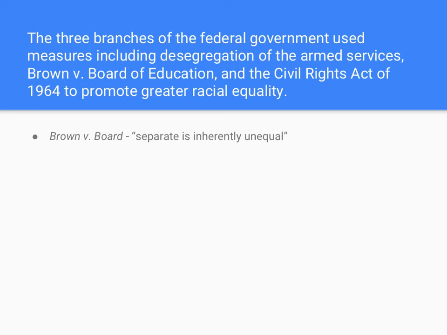One of the first court cases to do that was Brown v. Board, and Brown v. Board occurred in 1954. And in that case, Chief Justice Earl Warren and his court decided that separate is inherently unequal. And so this case reversed that Plessy v. Ferguson decision.